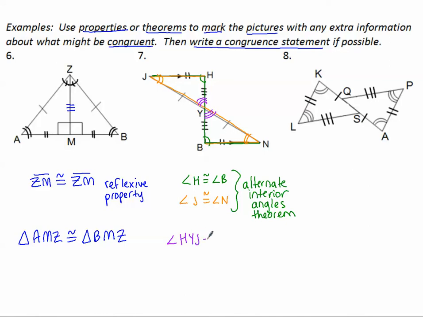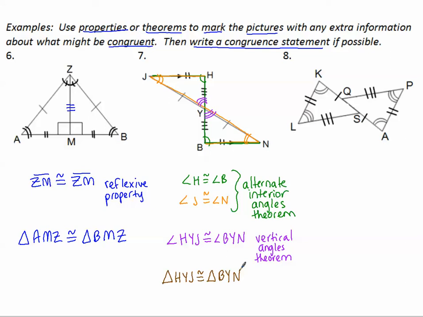Angle HYJ is congruent to angle BYN. Make sure I'm matching up corresponding parts, and it's because these are vertical angles, or because I'm using the vertical angles theorem. Now I have everything marked that I need in the picture. So now I can say that this triangle is congruent to this triangle. Triangle HYJ is congruent to triangle BYN.